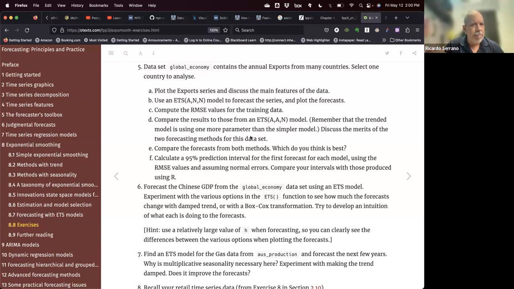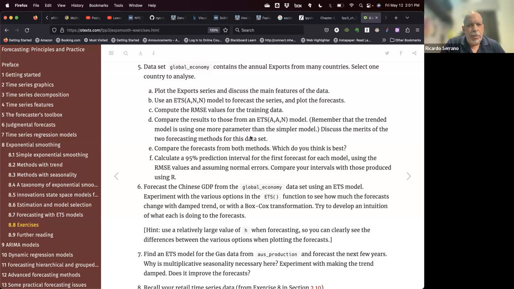It has many econometric features: GDP, imports, exports, population, demographics, etc. So we're going to plot the export series against time first, and discuss what we are seeing in the plot.